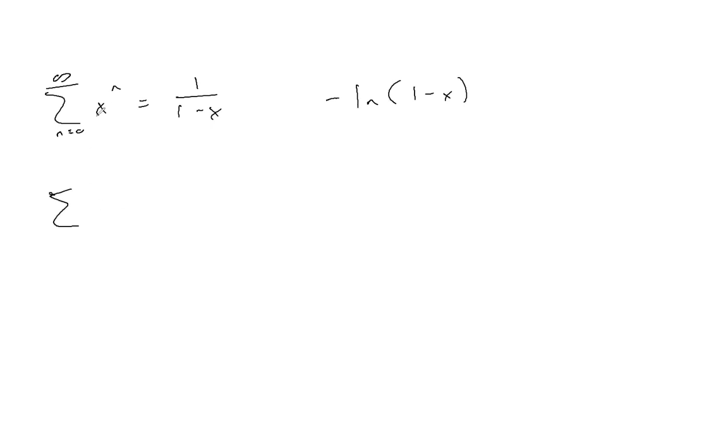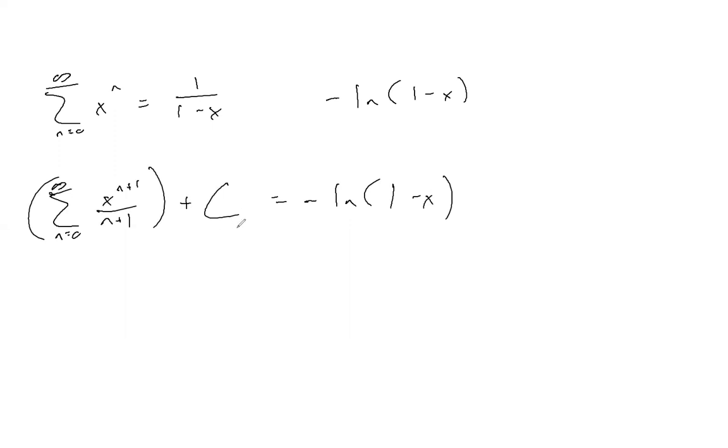Okay, so let's do that. Integrating x to the n would give me x to the n plus 1 over n plus 1, starting at 0. And then remember, when I do indefinite integration, I would have a plus a constant, right? So I'm saying that this plus c is going to equal negative ln of 1 minus x. Now, what do I do about this plus c?